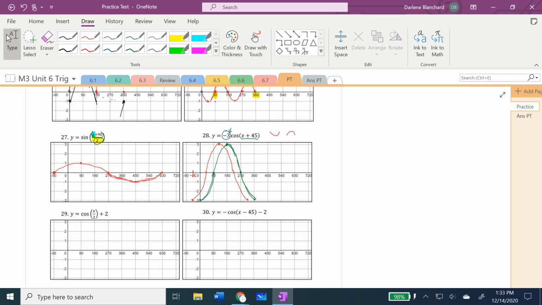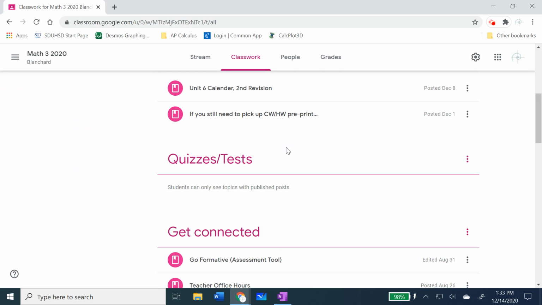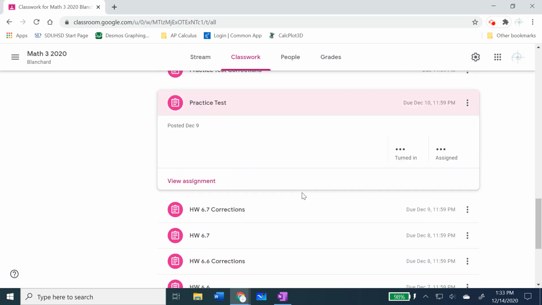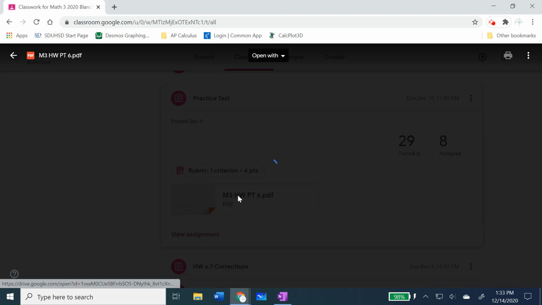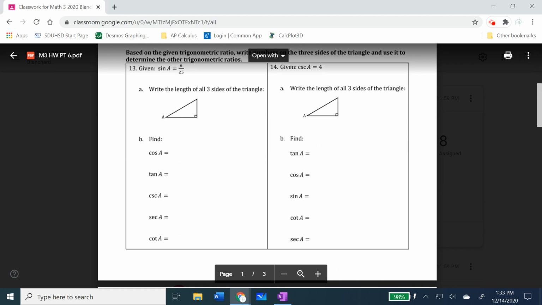I recommend that today you go over a blank copy of this practice test. You can just have it up on your computer. You don't need to print it out. Just look at the blank copy. If you go to the Google Classroom page, you can find the practice test and just look at the blank copy and see if you can do all the problems and get them correct.